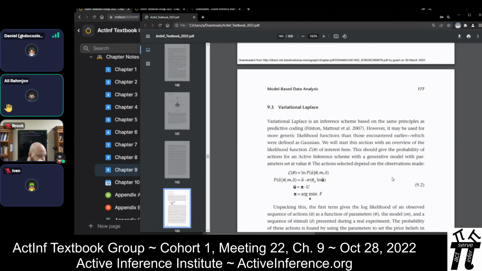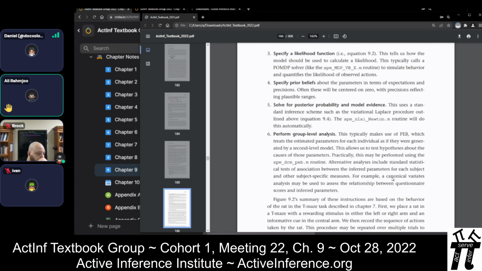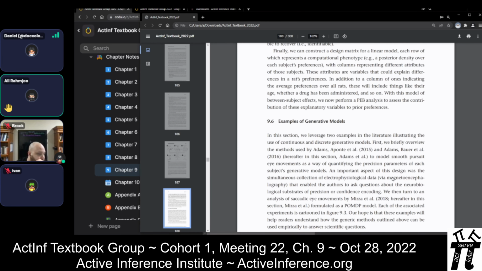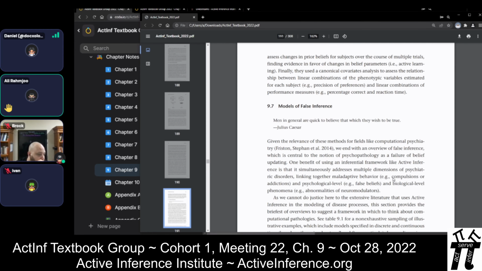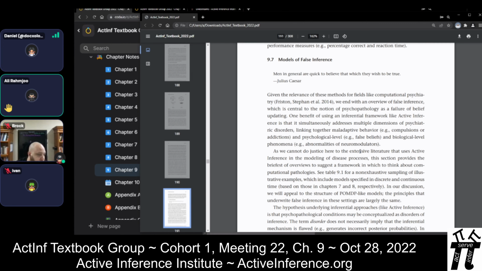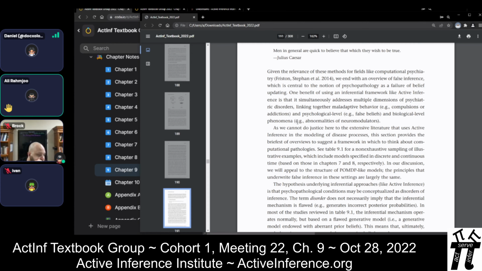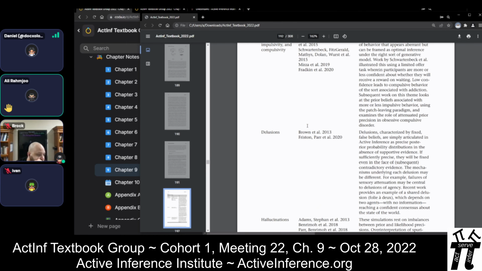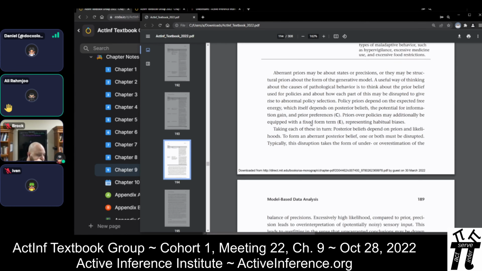Sorry, it says that here the disorder does not necessarily imply that the inferential mechanism is flawed. In most of the studies, the inferential mechanism operates normally, but based on a flawed generative model.